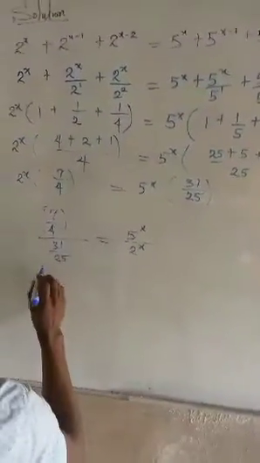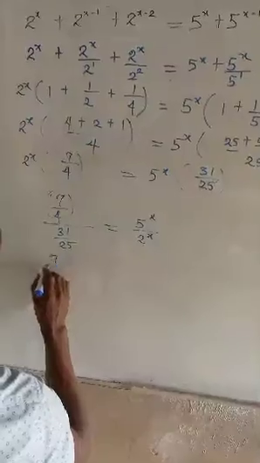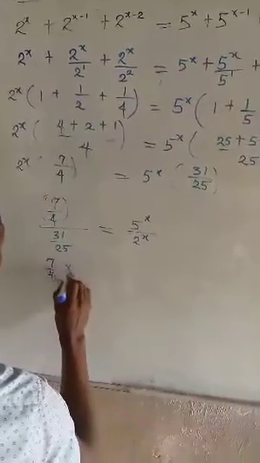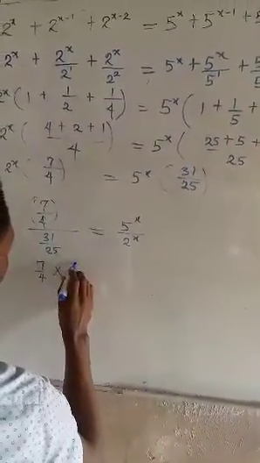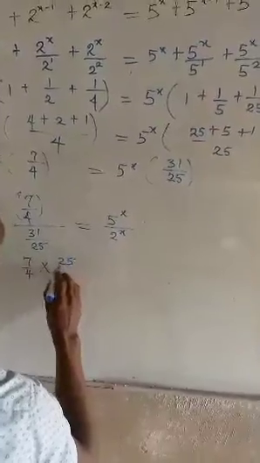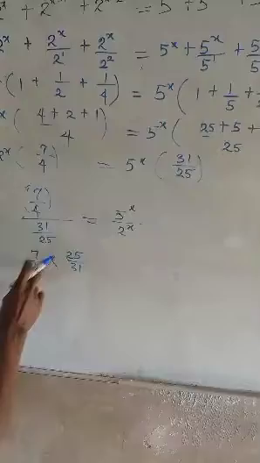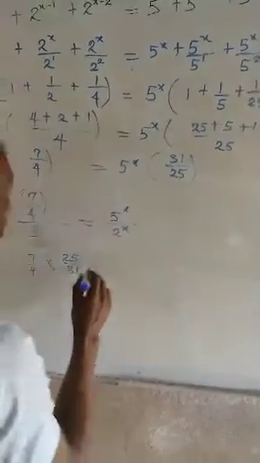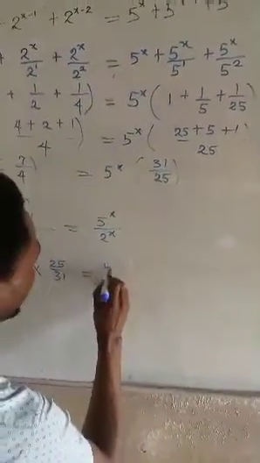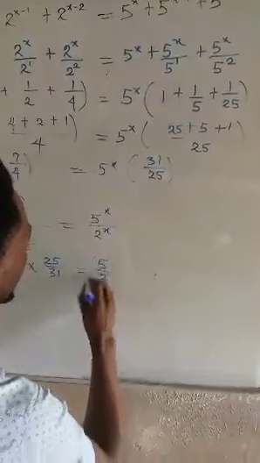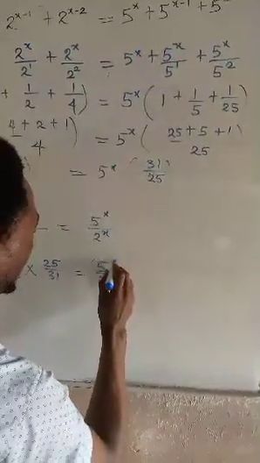So we can write this as 7 all over 4 multiplied by 25 all over 31. We take the inverse of this to change this one to multiplication. So we have equals to 5 all over 2 raised to power x.